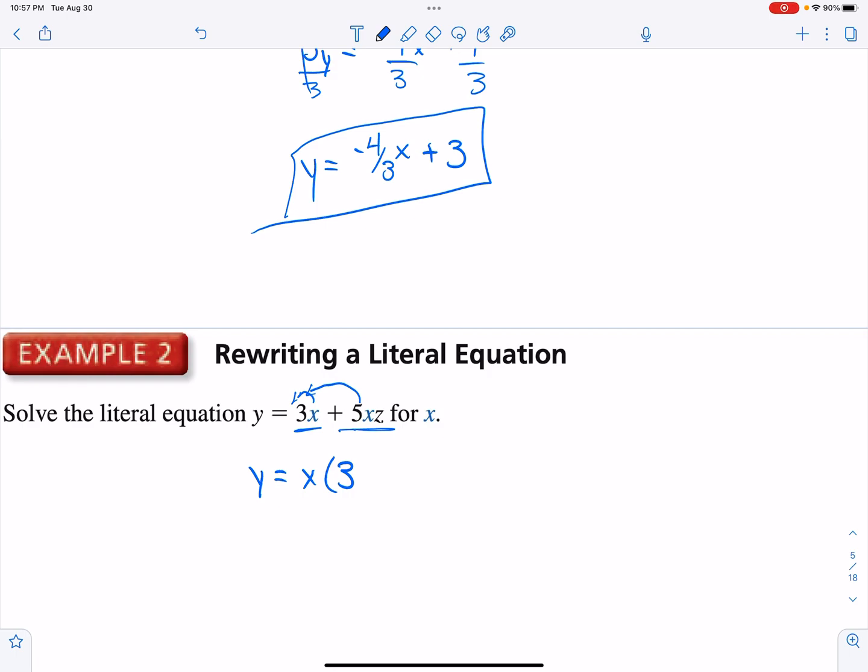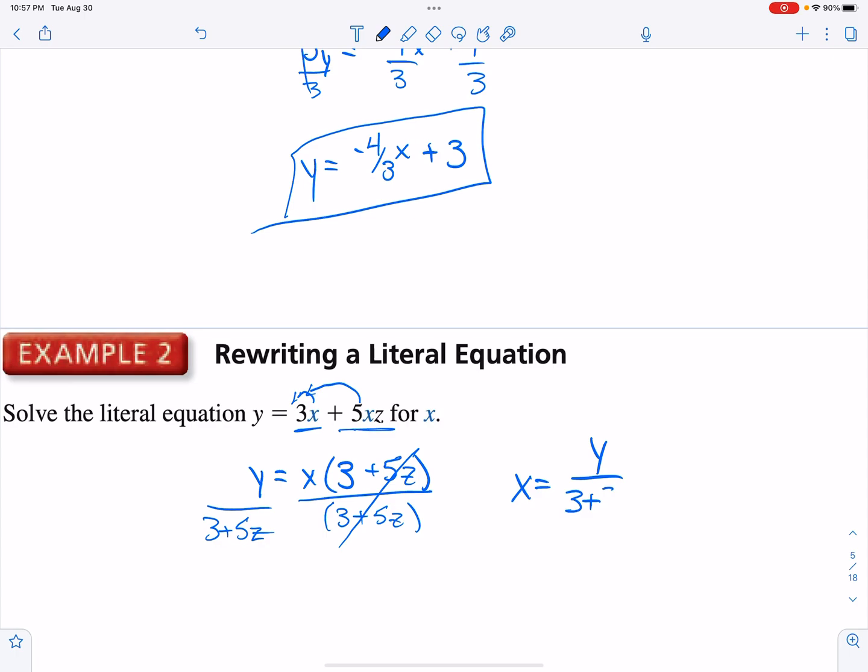Well, if I take a factor of x off of my first term, all that I'm left with is a 3. If I take a factor of x off of my second term, all that I'm left with is a 5z. Now that I have those two terms separate from the x, I can divide this to the other side because it's hooked by multiplication. I can take 3 plus 5z over to the other side, and that cancels out. So now my equation, as I solve it for x, is x equal to y over 3 plus 5z.